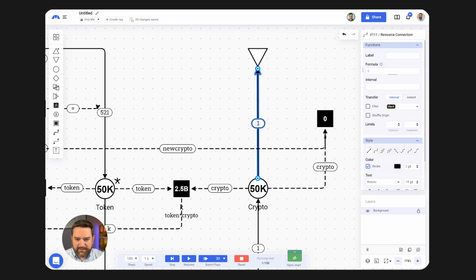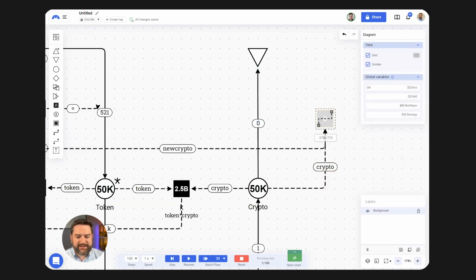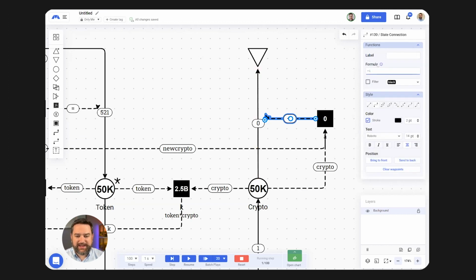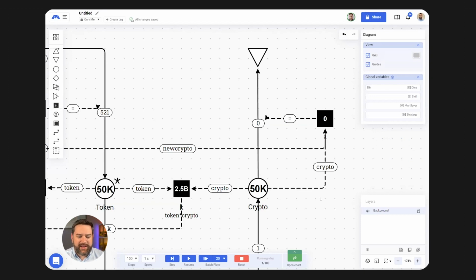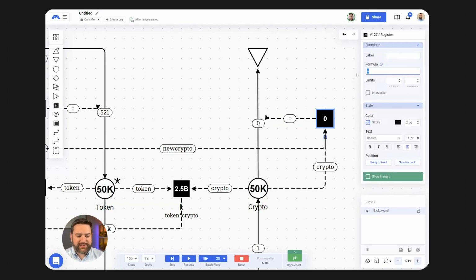So the first thing I'm going to do is mark that as 0, and add myself another state connection into here with that override as an equals. And in my formula box, I'm then going to say, okay, I need to know the difference between those two numbers. Therefore, my formula is crypto minus new crypto. So this has then generated for me 515.